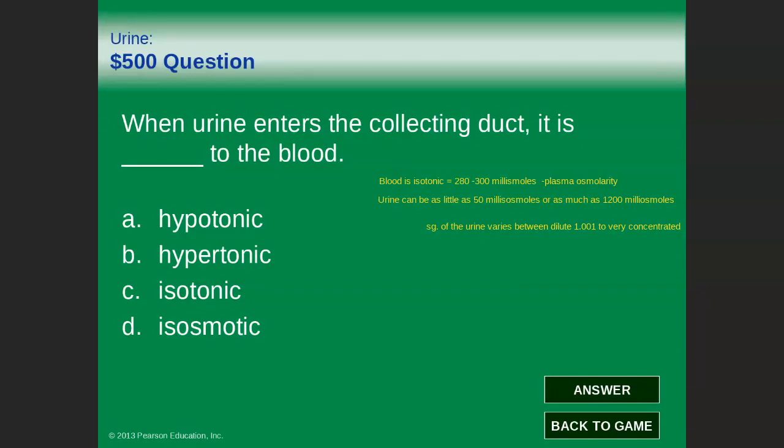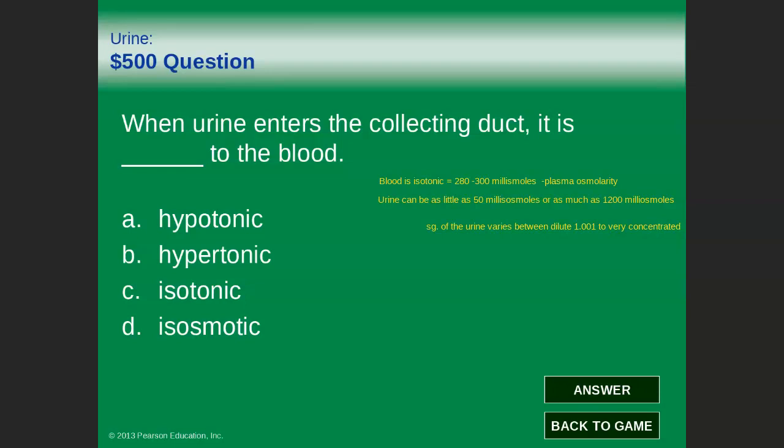So 1.035 would equal about 1,200 milliosmoles, and 50 milliosmoles would equal 1.001.